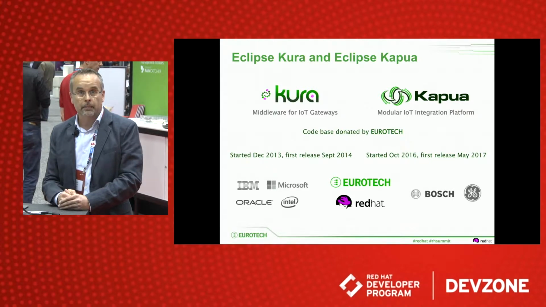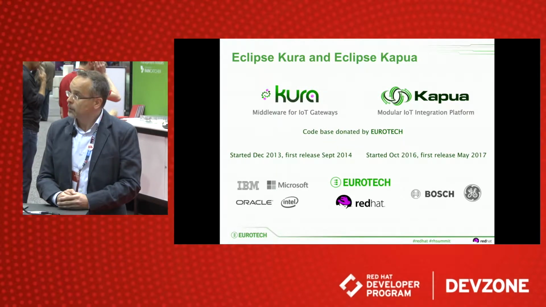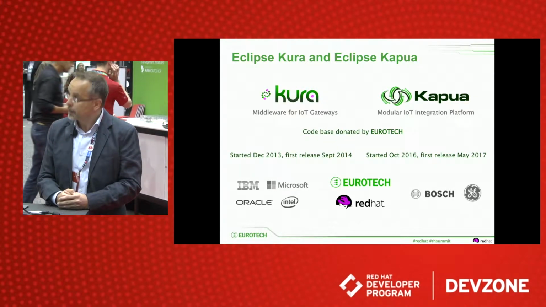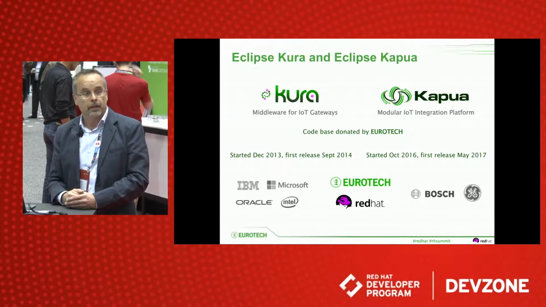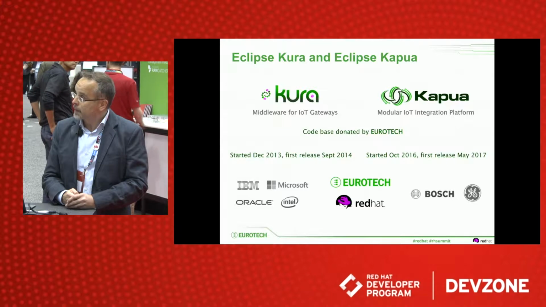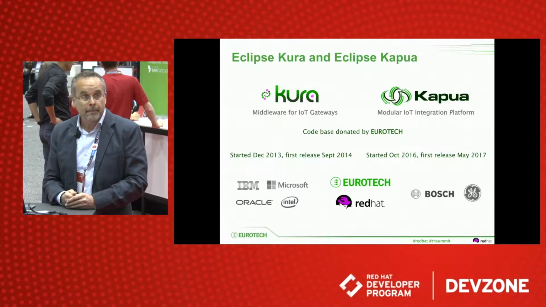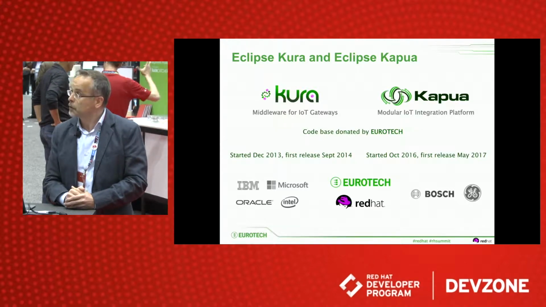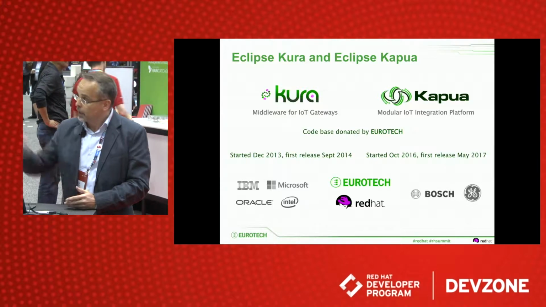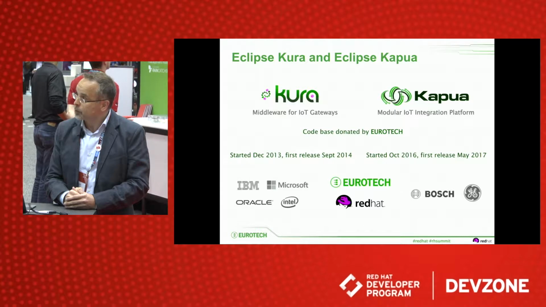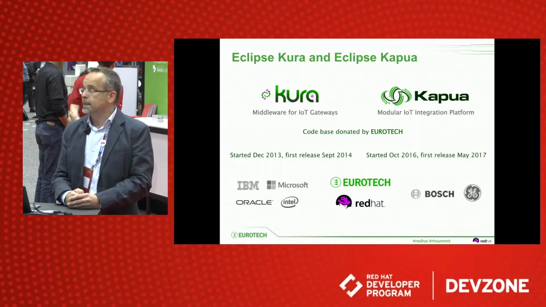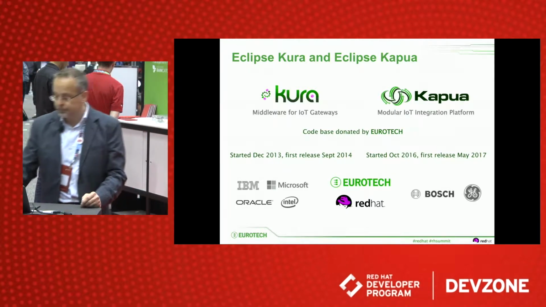Kura is the middleware for IoT gateways that was donated some 3 years ago. More recently, Kapua, the upper part of the cloud implementation, was donated last year. There are many contributors to these two Eclipse projects. At the center, Eurotech and Red Hat, of course, with contributions from IBM, Microsoft, Oracle, Intel, Bosch, and GE.